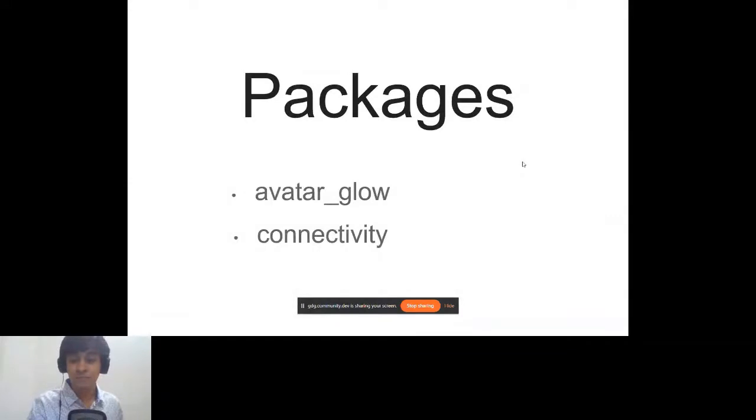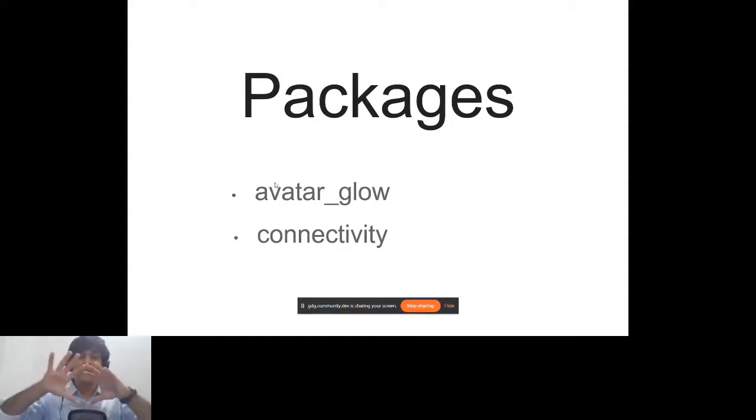So moving on, this is about what we just discussed, the containers which are already there for our IDE. But there are certain features which you have to import externally. Like this avatar glow, this is a package which makes any widget in your app glow.